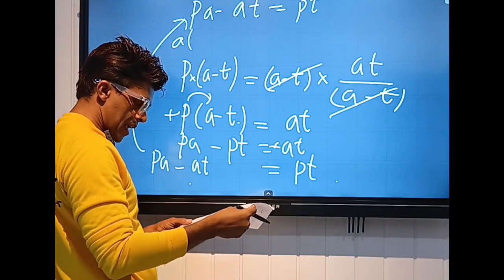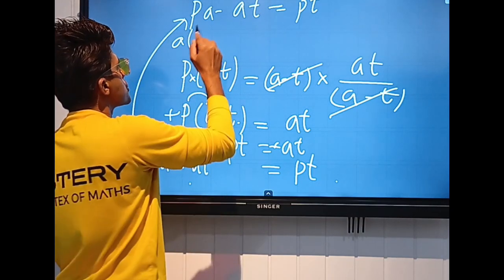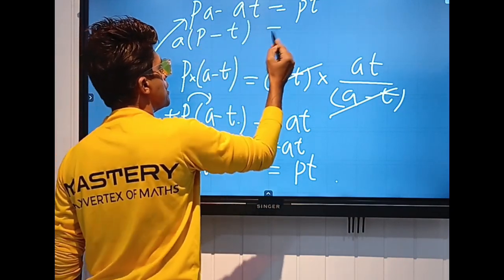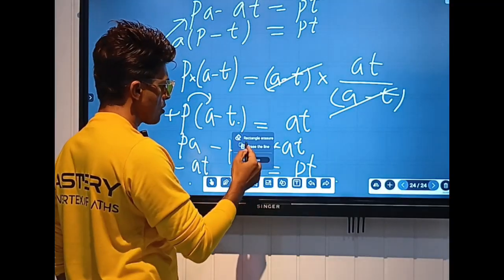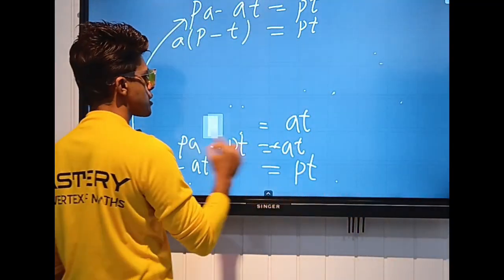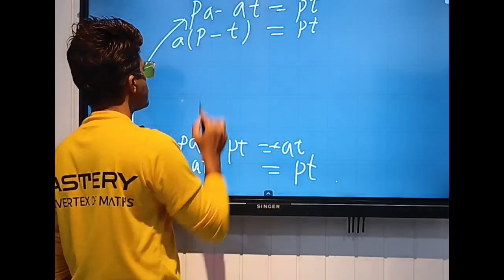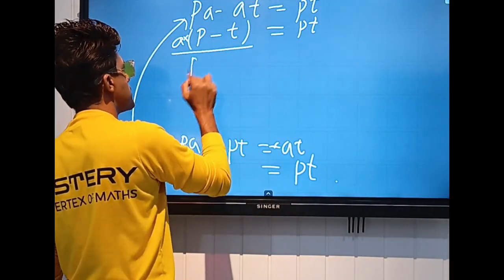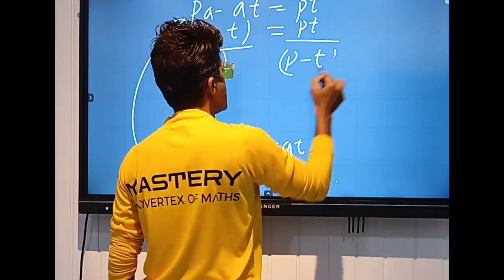We need to write the term A as the subject here. So A as the common factor here. So here P minus T equals PT. So A times P minus T equals PT. Now we could write the term A as the subject of this formula, that is both sides divided by P minus T, then here multiplication.